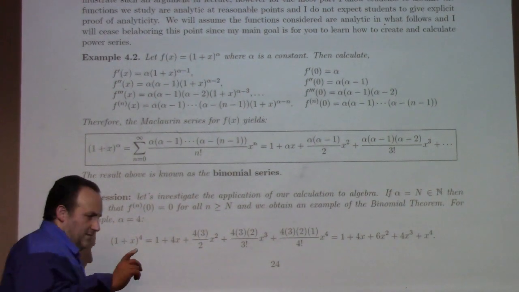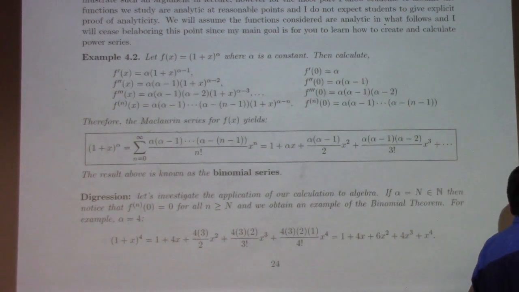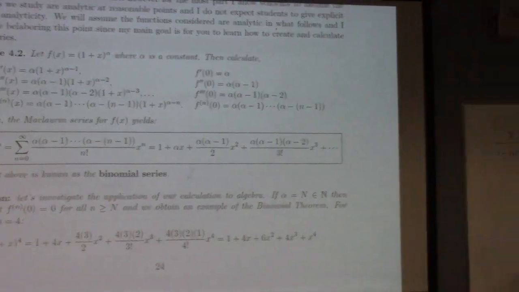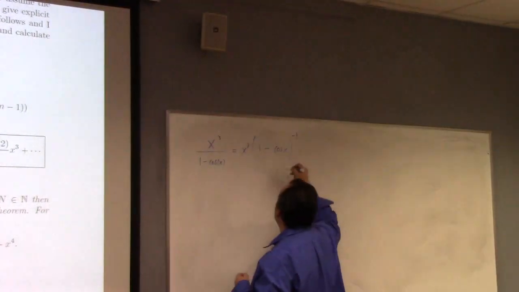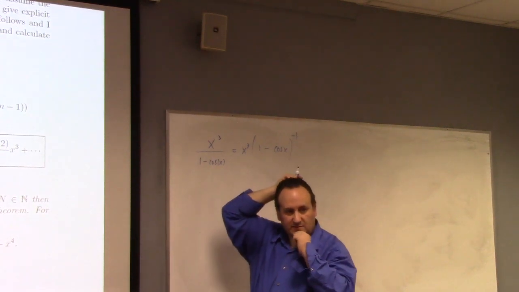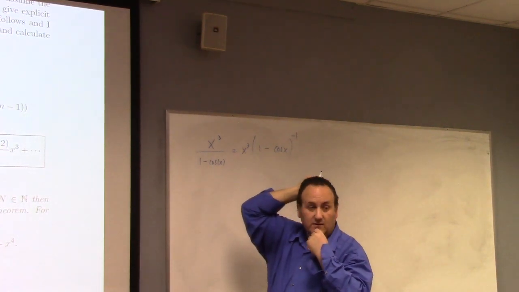Oh, I think I know what you're saying. I was about to attribute something that you weren't meaning. So let me try this. What you were saying is take x cubed, leave it out here by its lonesome, and look at this as 1 minus cosine x to the minus 1 power, and use the binomial formula with alpha equal to 1 to do it. I think you could do that.